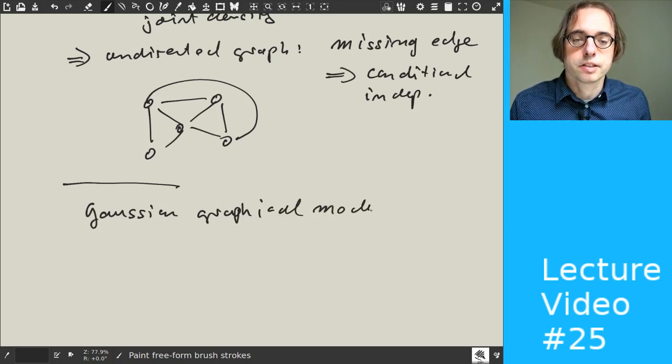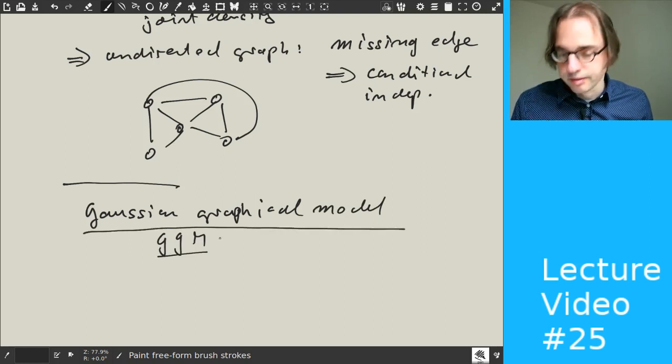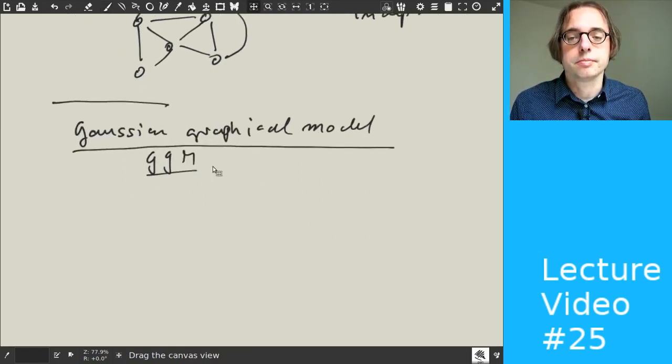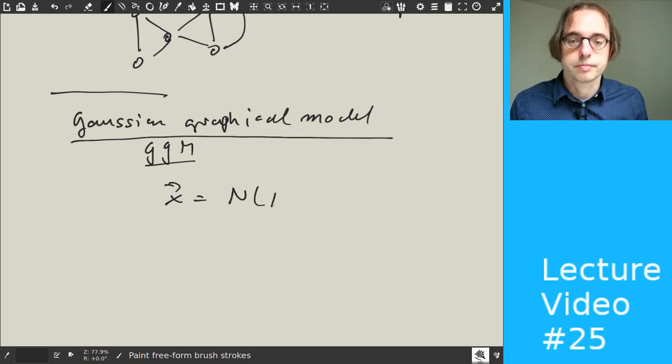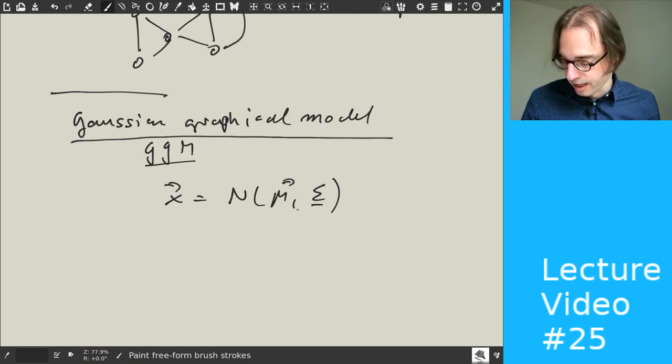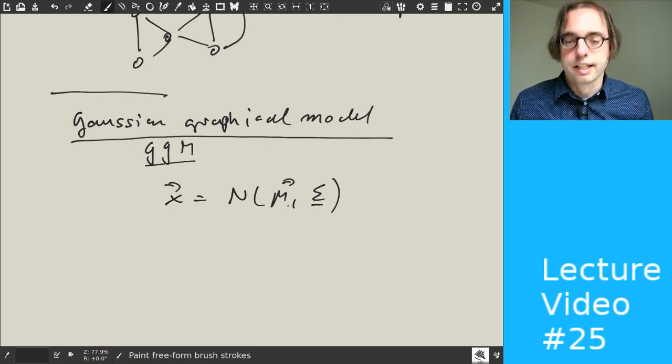If you have a Gaussian graphical model, normally called a GGM, then we assume that the variables x are multivariate normal. So we have a mean vector and a covariance matrix. And now there is the following property. I'm just stating the property.